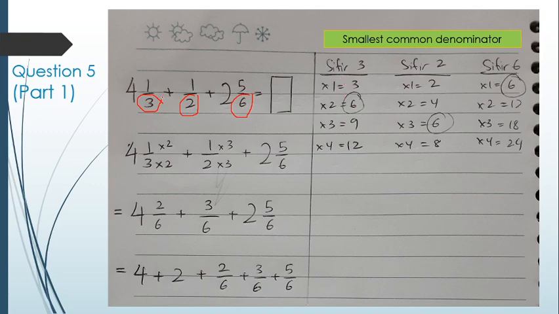Okay, so this down, CFA 3, CFA 2, CFA 6, and then find the smallest common denominator. Yang mana nombor paling kecil dan ada dalam ketiga-tiganya. Tadi soalan sebelum ni ada dalam dua CFA, tapi sekarang ini nombor yang paling kecil itu ada dalam ketiga-tiga CFA.